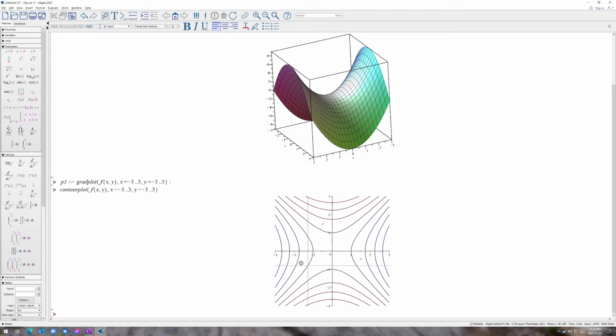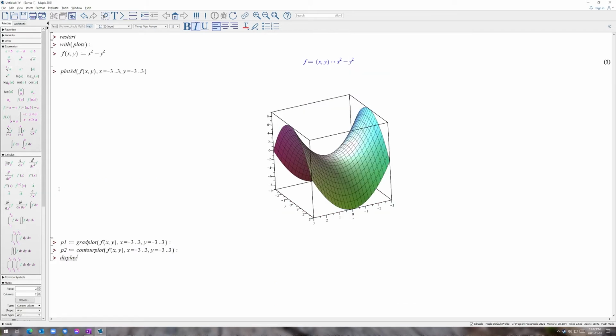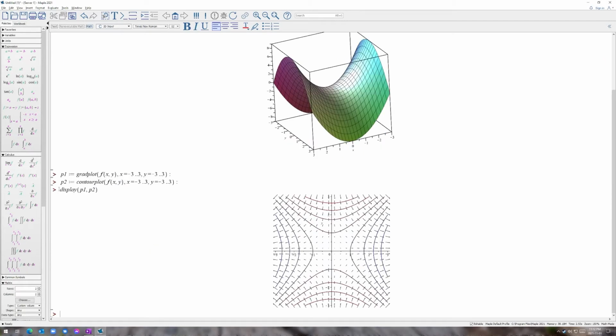Well, that seems to be the same kind of direction that the gradient was pointing in. So why don't we overlap these two graphs together? We'll hide that output and call that output P2 and display both of those graphs on the same set of axes. And sure enough, you can see that these gradient vectors are always pointing in the direction of traveling uphill, going from z = -7 to z = -5 to z = -3 and so on.